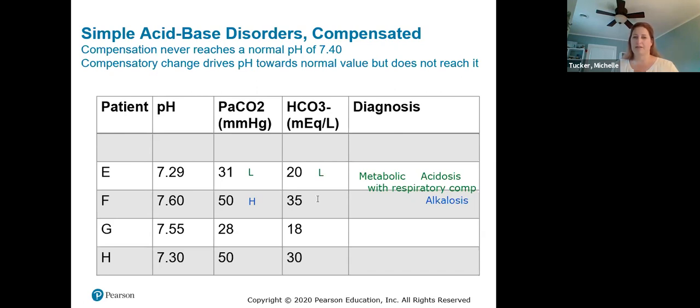Also, it's 22 to 26 is normal, so it's going to be high. So when we have compensation, we're going to have two abnormal values. One is the primary and one is the compensation. So which one of these causes alkalosis? High CO2 or high bicarb?